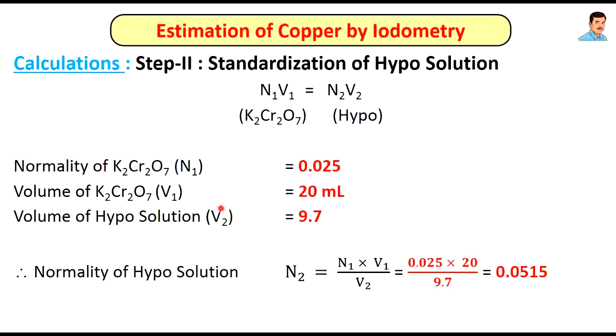Volume of potassium dichromate is 20 ml, and volume of hypo consumed is 9.7 ml. Substituting N1, V1 and V2 values, we get the N2 value as 0.0515. This is step 2. At the end of step 2, we determine the normality of hypo as 0.0515.